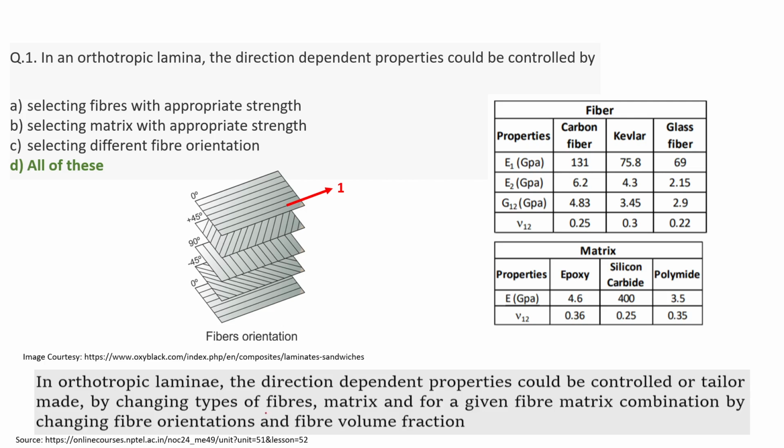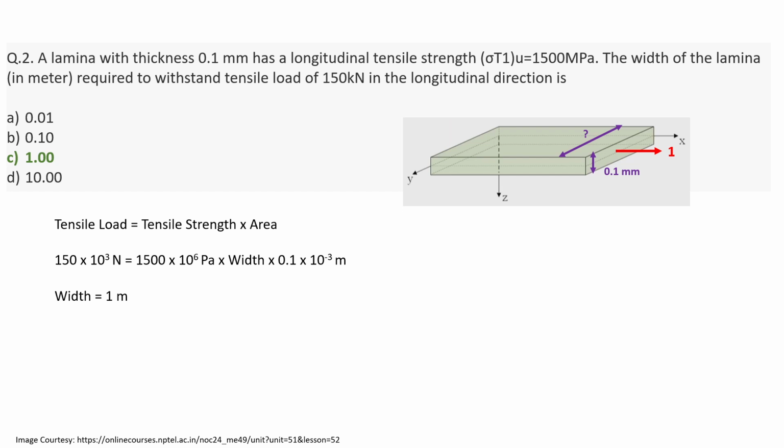These four properties, depending on how you are manufacturing the lamina, can be controlled accordingly. So all of these properties along with the fiber volume fraction, when controlled, can give us a lamina according to our requirement.